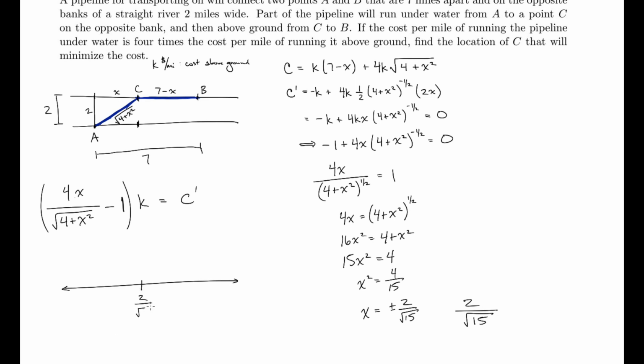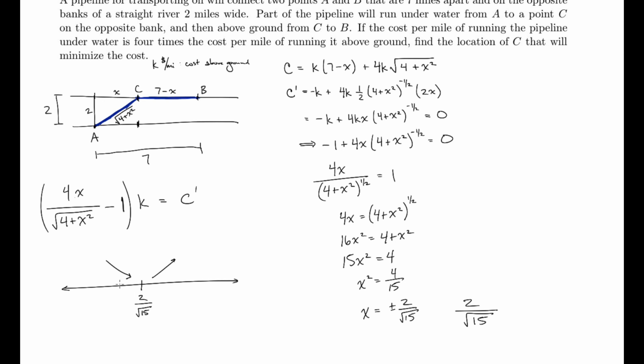So we have 2 over root 15. Let's go ahead and plug in 0 for x. Plug in 0, you get 0 minus 1 is negative 1 times k, which is definitely going to be negative, so we're decreasing. And then plug in a bigger number. Say plug in 2, you get 8 over the square root of 8, which is the square root of 8, minus 1, and that's going to be positive, so we're increasing.